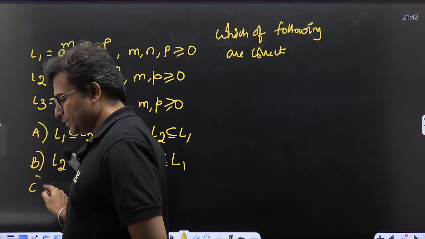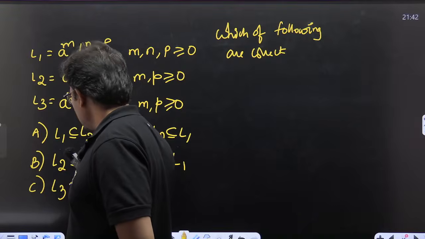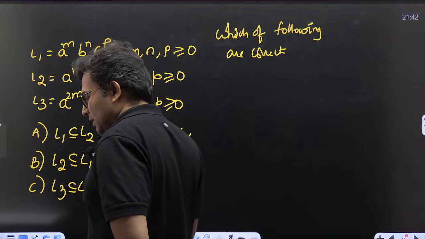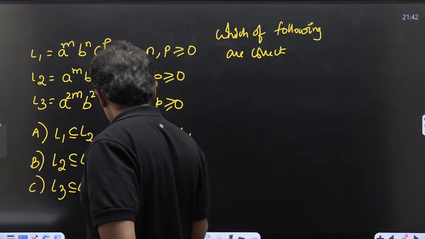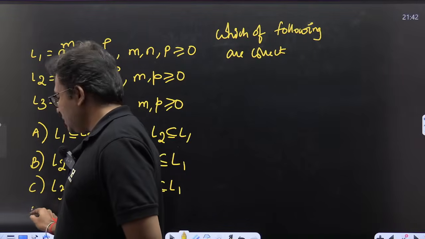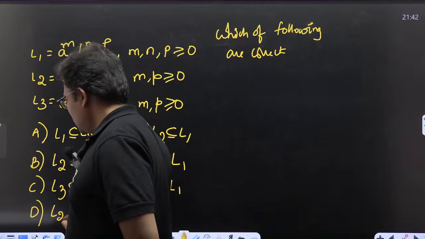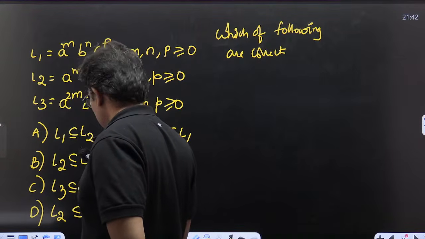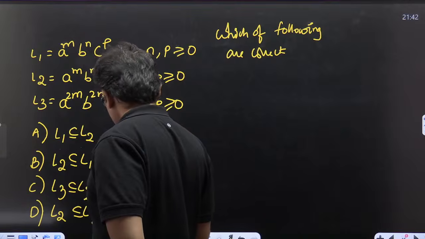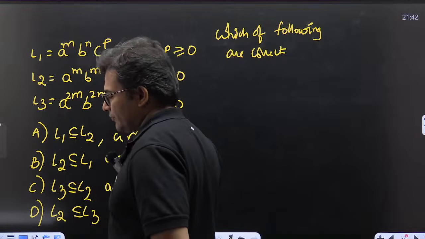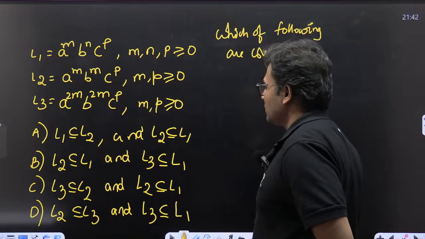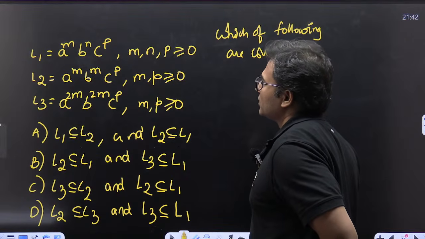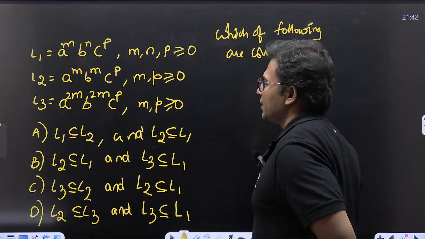C, L3 is a subset of L2 and L2 is a subset of L1. And D, L2 is a subset of L3 and L3 is a subset of L1. Tell me which of these is right.